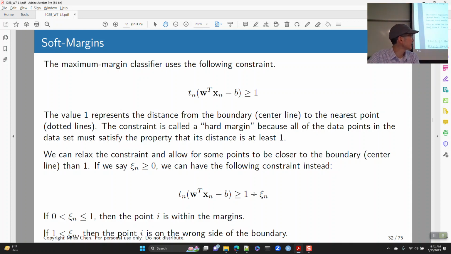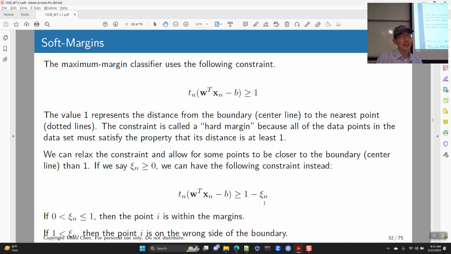This xi term, and we can say, you know what, for some of our points, we'll allow the distance between x and the boundary to be less than 1, okay? So it just has to be greater than 1 minus xi, okay?